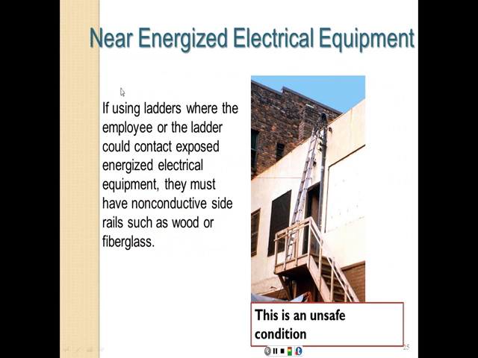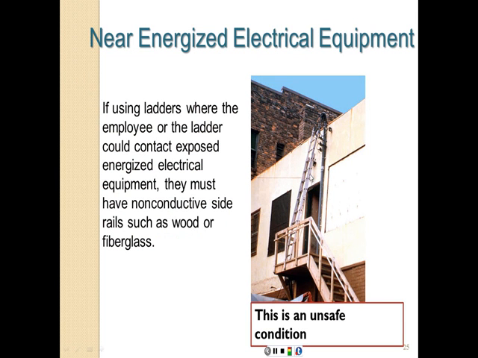Also, since we're going to be working at a higher level, we might get close to power lines. So if you're going to work near energized electrical equipment, using ladders where the employee or the ladder could contact exposed energized electrical equipment, they must have non-conductive side rails such as wood or fiberglass to break the circuit and not allow for the current to flow through the body of the person working on this ladder.